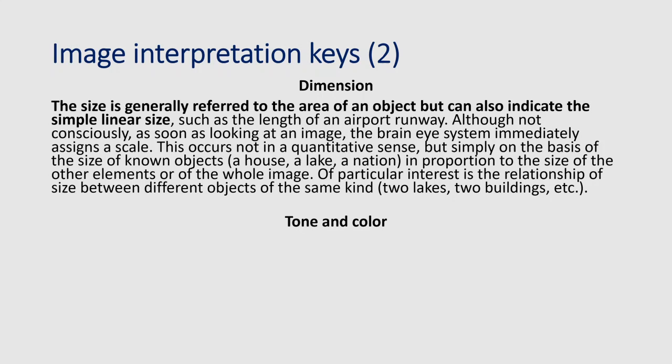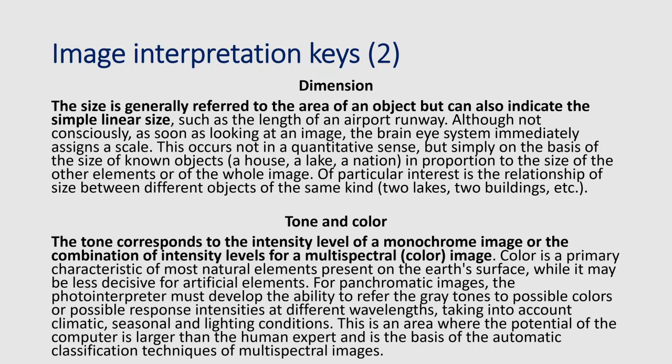Tone and color. The tone corresponds to the intensity level of a monochromatic image, the panchromatic image, the gray tones, or the combination of the intensity levels of a multispectral, that is, a color image. So color is the primary characteristic of most natural elements present on the Earth's surface, while it may be less decisive for artificial elements.